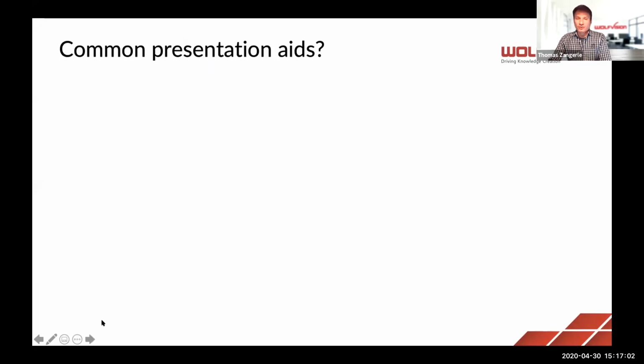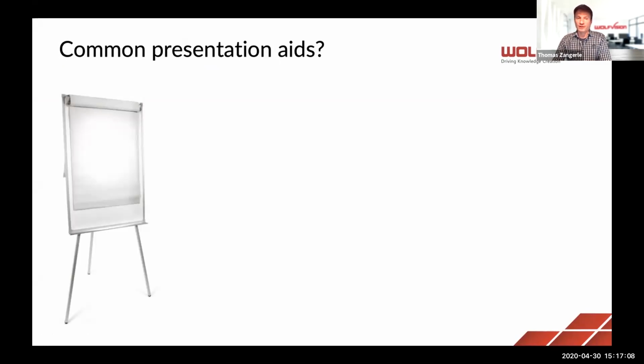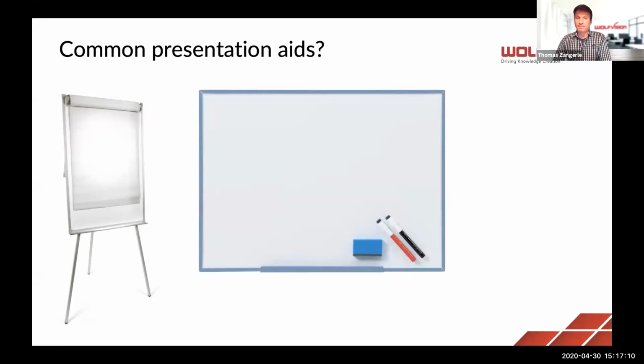There are various tools that you can find in a meeting room and in a classroom, like the good old flip chart, but you also find whiteboards and pinboards, and even the good old overhead projector can be found in a lot of different environments.